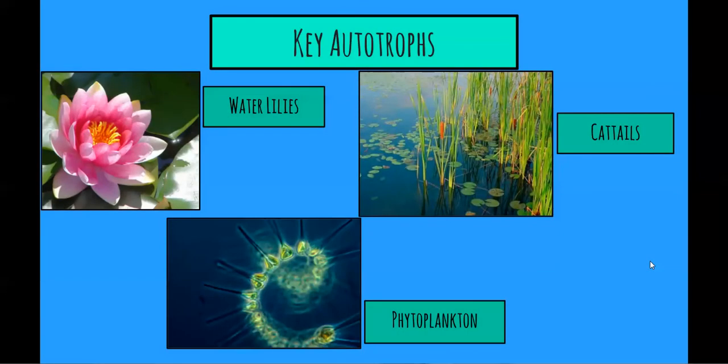Key autotrophs. It's harder for lakes and ponds to support large communities of vegetation because of their great depth. Ponds probably have more rooted plants.